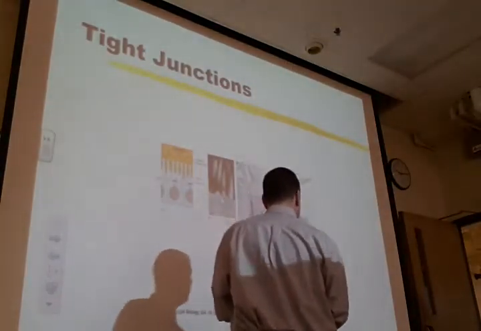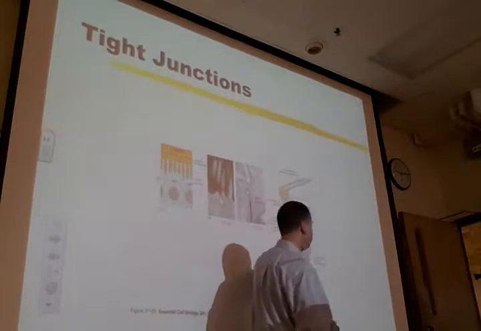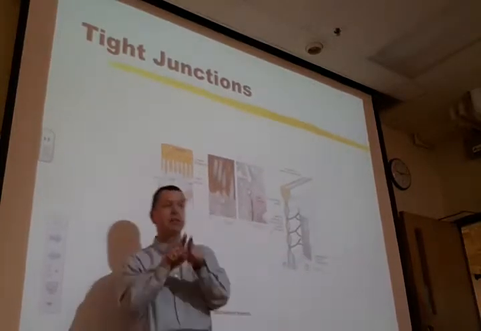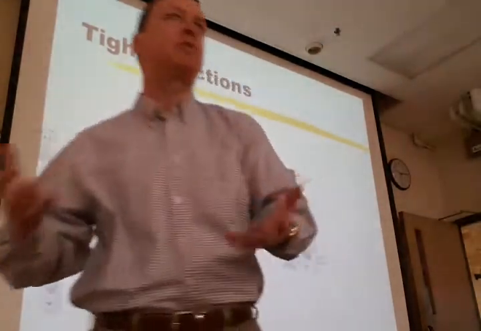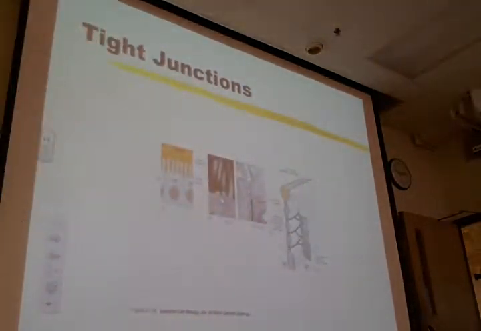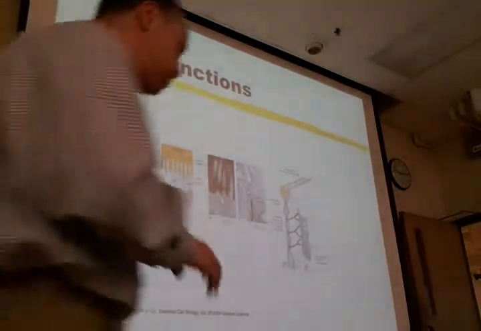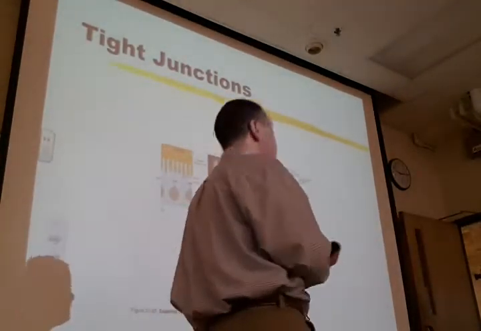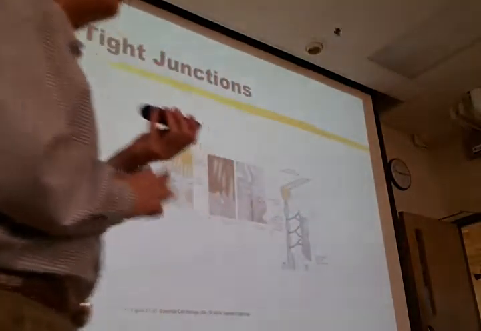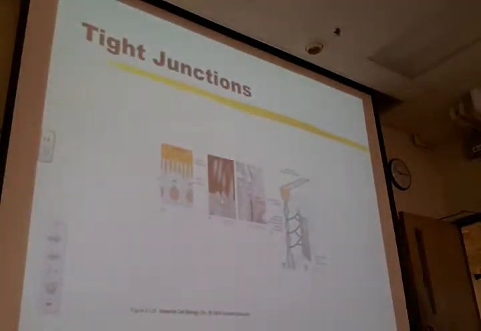But it's been clearly shown now that the two cell membranes are not fused together. That they're basically as close together as they possibly can be without being actually fused together. There's a lot of really good experimental evidence to show that they're not actually connected together. But they are very, very close together.